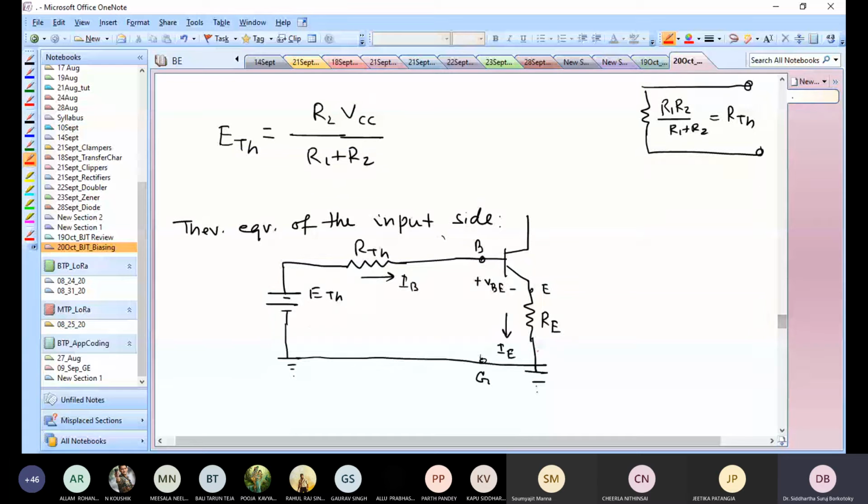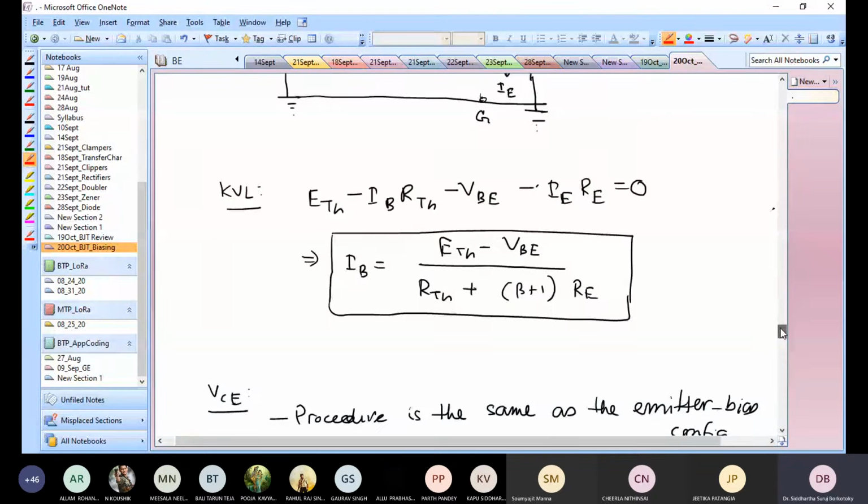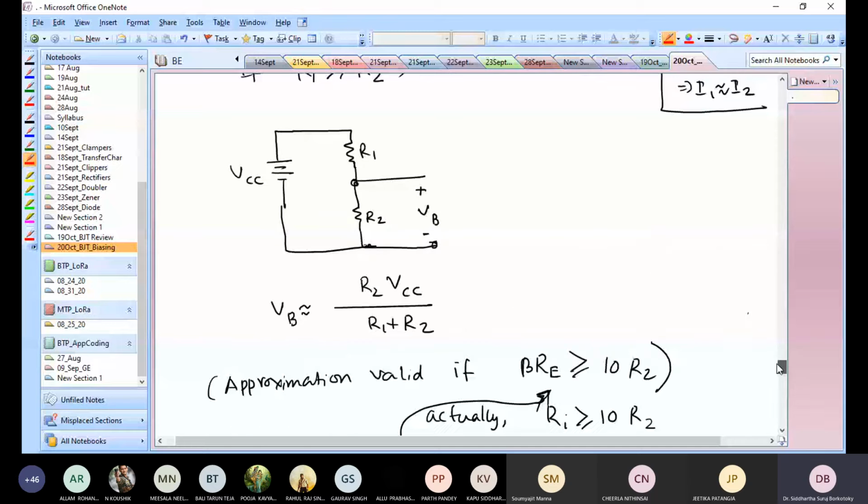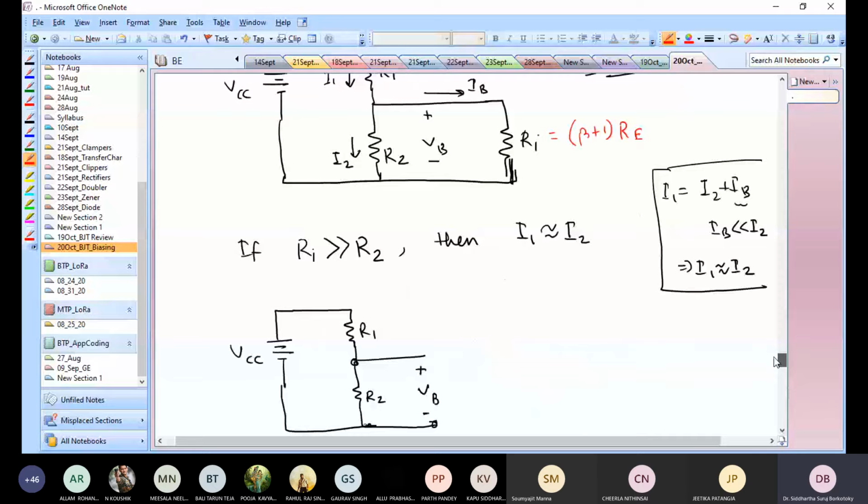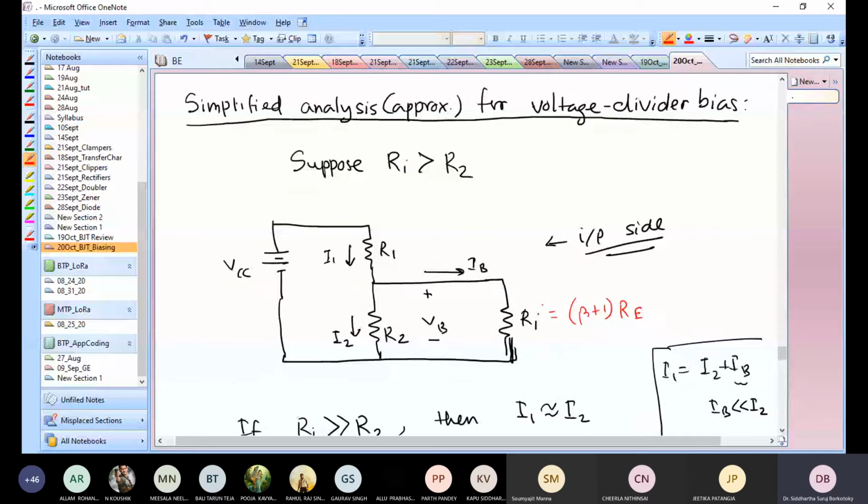That is because when you write the KVL, you write Re times IE, but IE is beta plus 1 times IB. So when you write everything in terms of IB, this resistor, instead of being Re, becomes beta plus 1 Re.